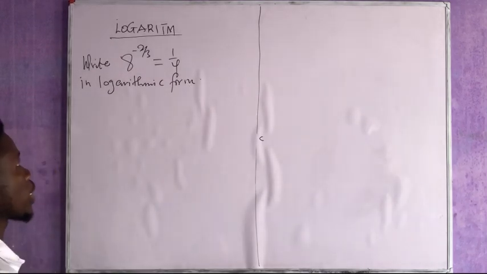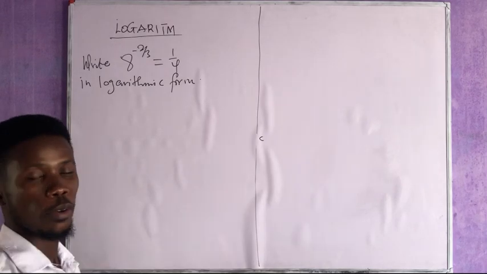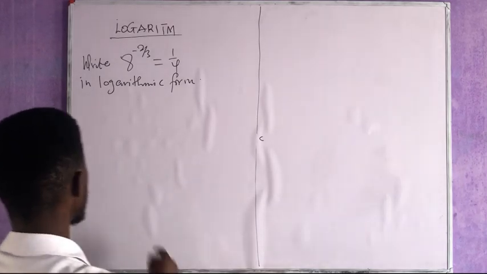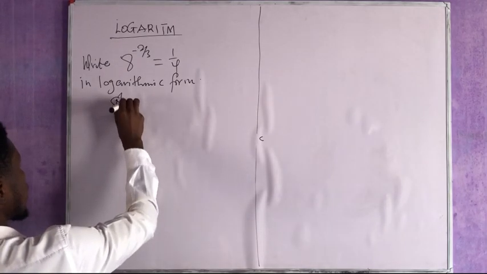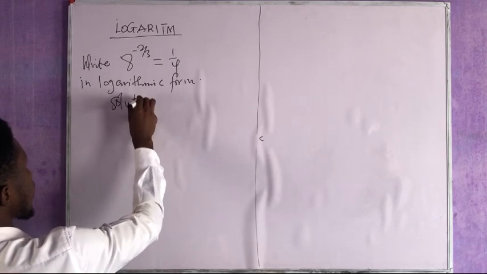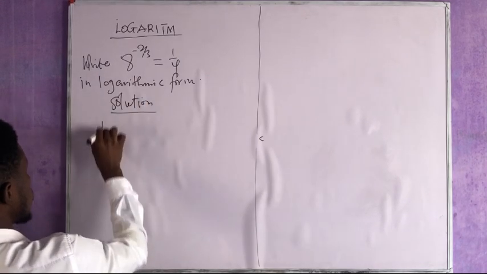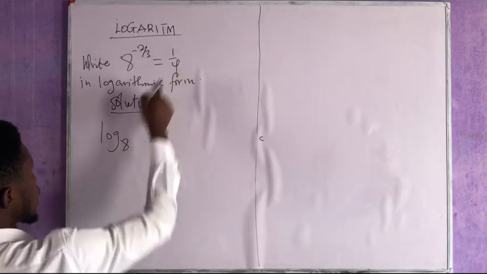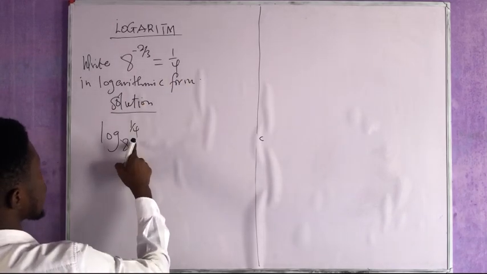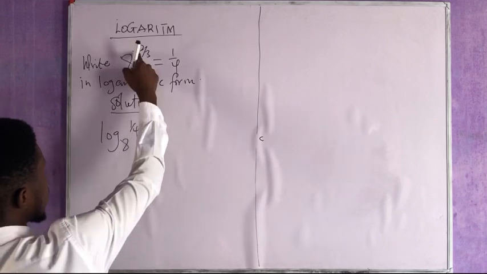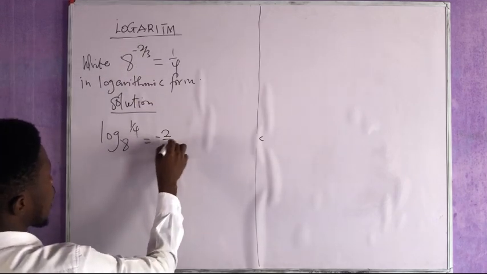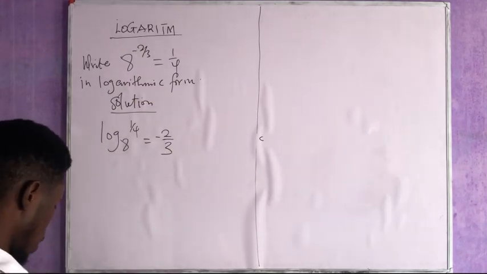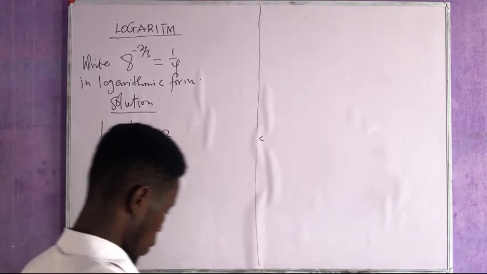Okay, so looking at this particular thing, what you are going to do is very simple. First, you consider the base here. So what is the base? It's 8. So that becomes the base of the log, and the answer here becomes our power, and the power becomes our what? Answer. Simple as that. Is that okay?